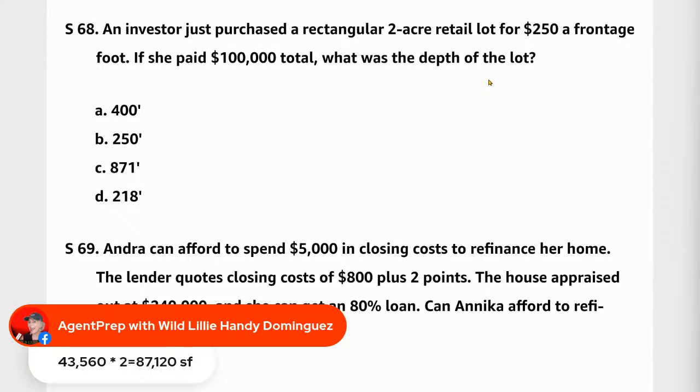Since the investor paid 100,000, and that equals $250 per frontage foot, there are 400 frontage feet, calculated by 100,000 divided by 250 equals 400. Not $400, but 400 feet.